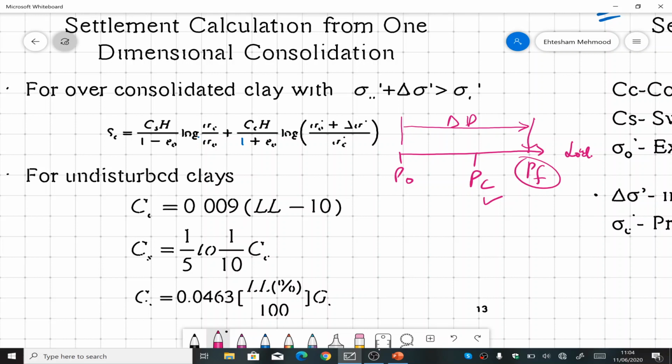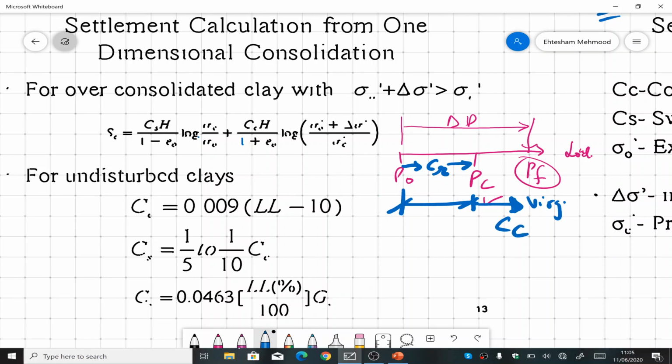As you are familiar, this portion from P naught to PC is recompression, so we will use CR in this portion. This is recompression or reloading. And after PC, because this is the maximum pressure the soil has borne in the past, from there onward we will have virgin compression, and we will use CC in this situation.